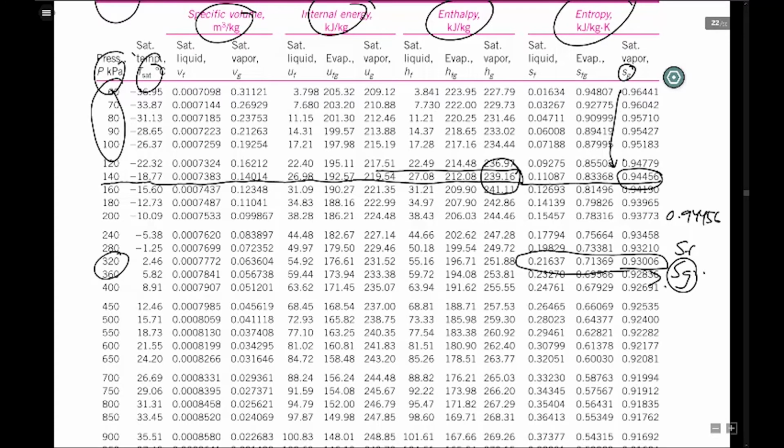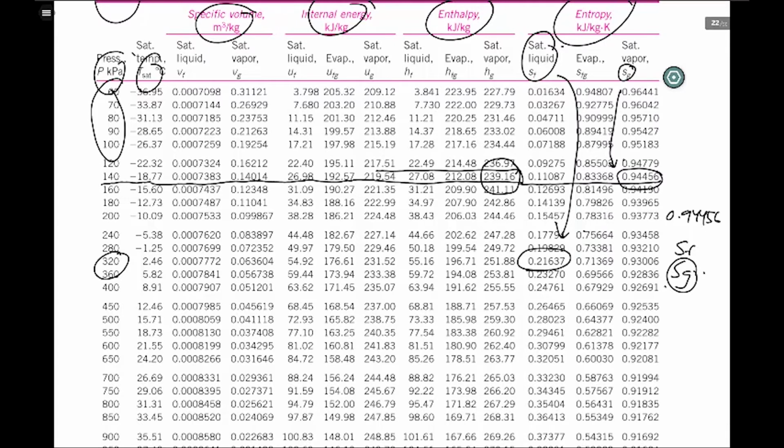We're searching for the value of sf, because this is saturated liquid, so that's why we use sf, and we take this value, 0.21637 kilojoule per kilogram Kelvin, if this is your entropy.